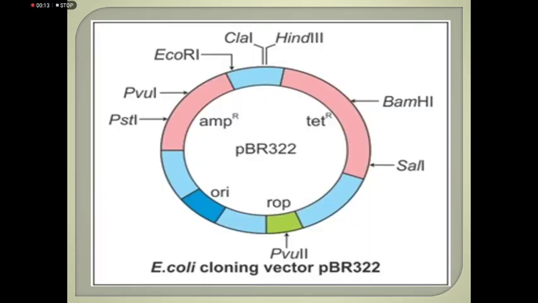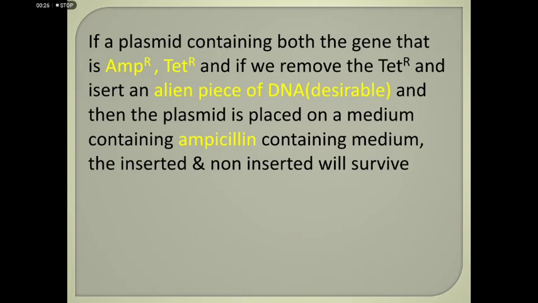Insertion inactivation. Consider a plasmid containing both genes, ampicillin resistance and tetracycline resistance. In this picture you can see that this plasmid has both the ampicillin resistance and tetracycline resistance genes present. So this plasmid can be taken in our studies, and we remove the tetracycline gene and insert a desirable alien piece of DNA.